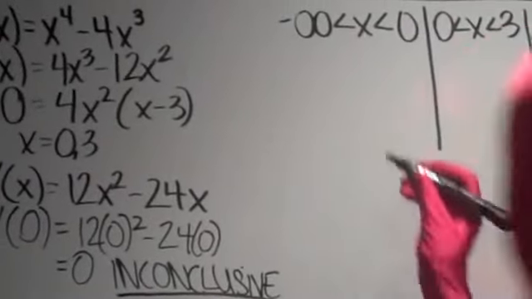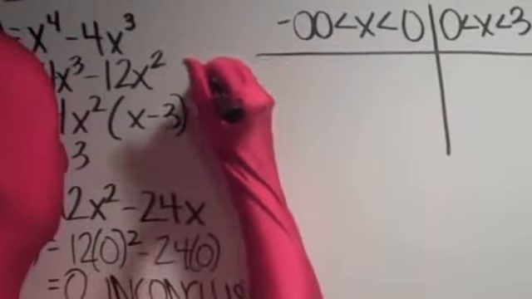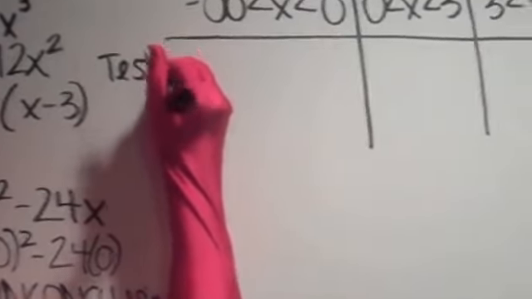Next, we must assign test points to test in each interval. We will use something less than 0, or negative 1, something between 0 and 3, or 1, and something greater than 3, which is 4.